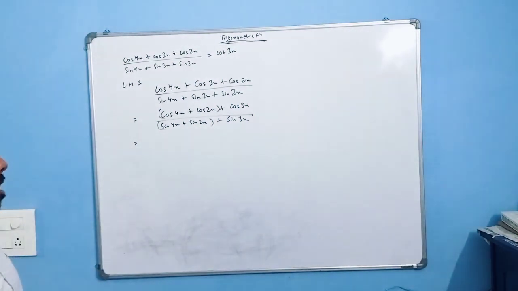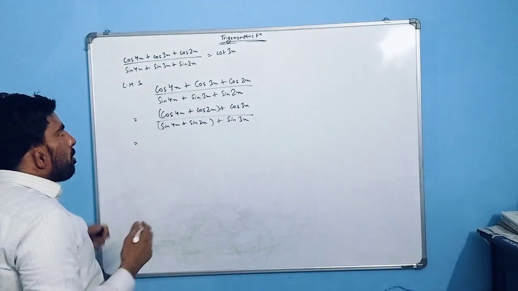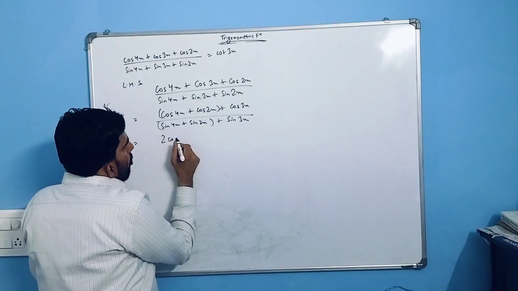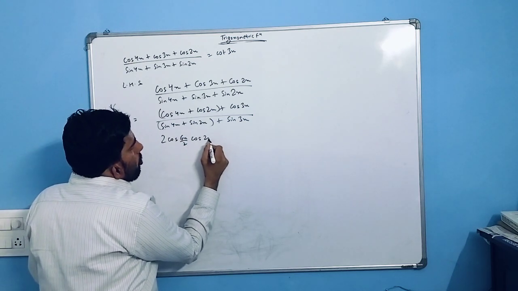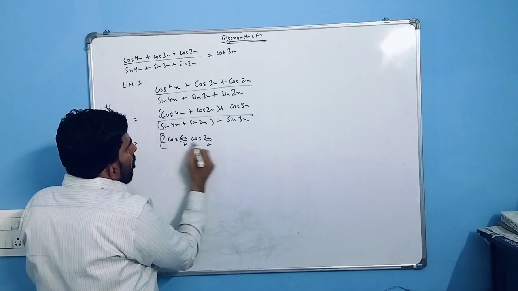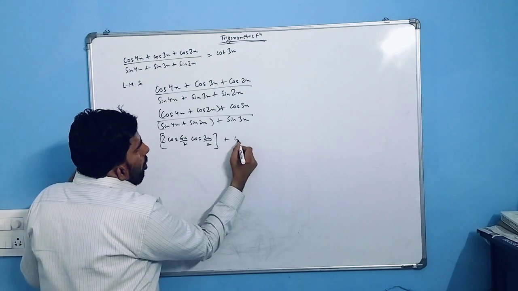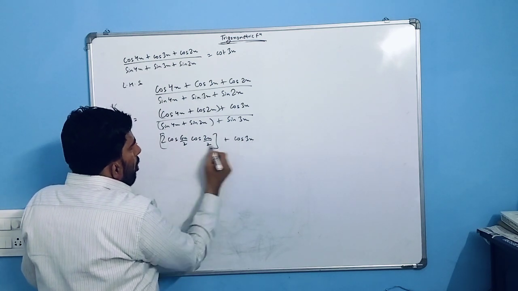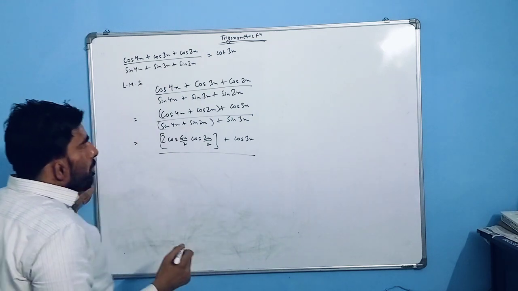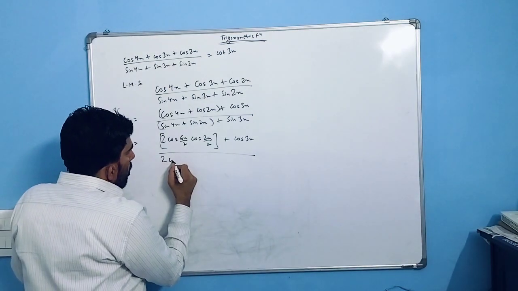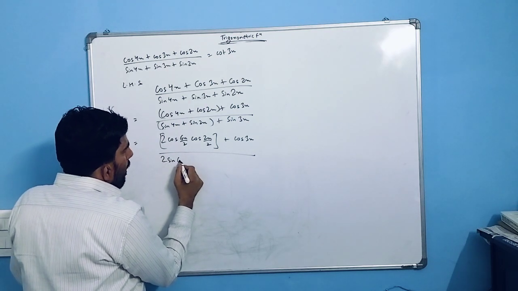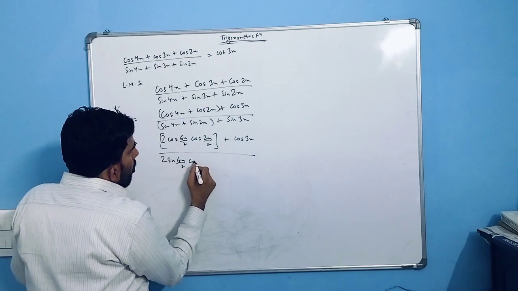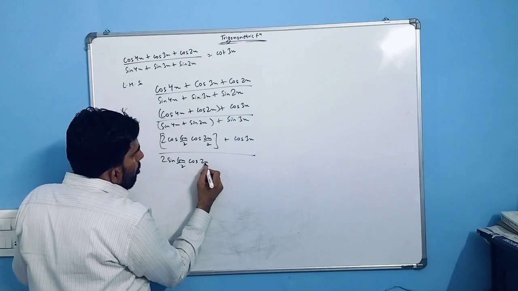Now we'll apply the identity cos x plus cos y, that is 2 cos (x plus y)/2 cos (x minus y)/2. Similarly, sin x plus sin y is 2 sin (x plus y)/2 cos (x minus y)/2.